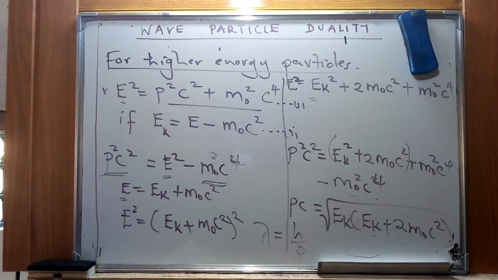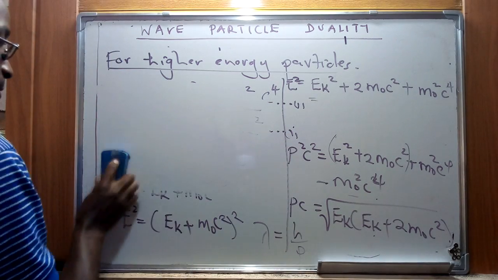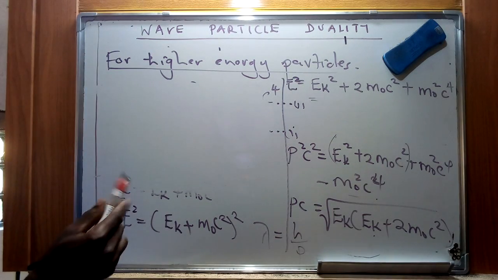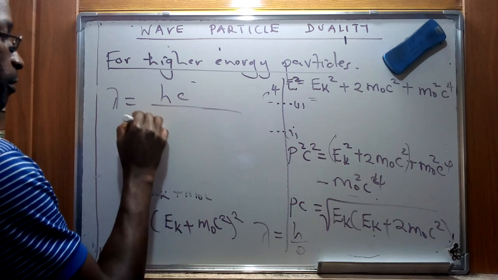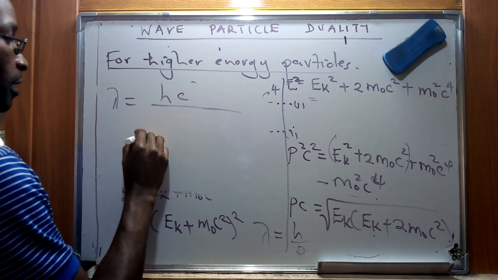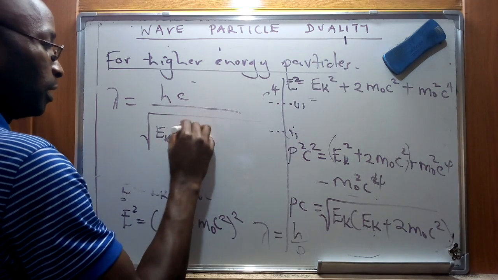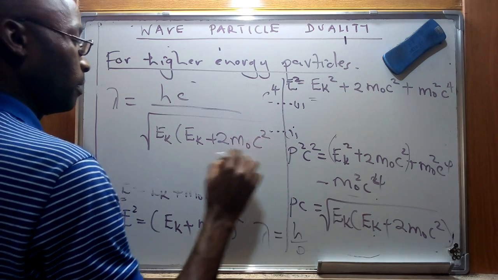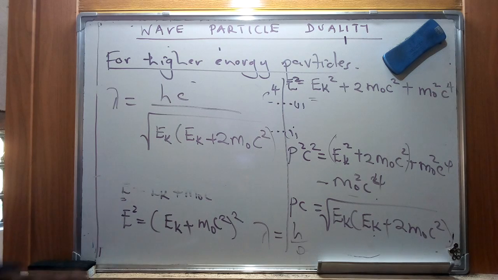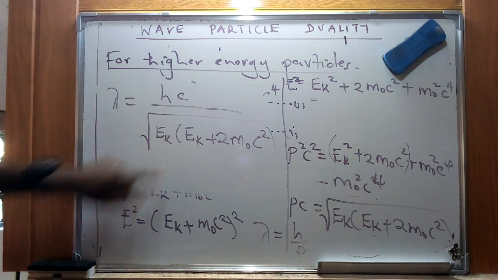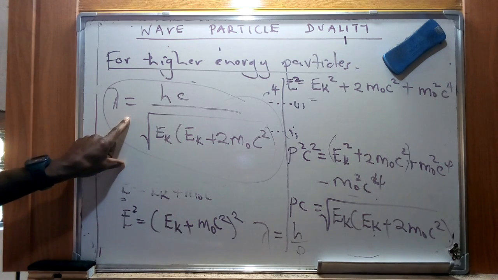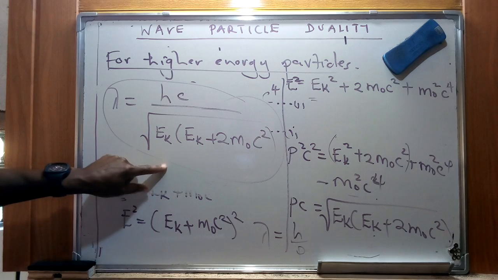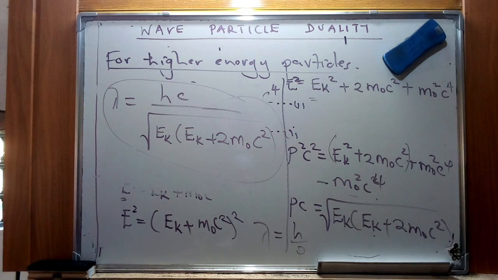Doing a rearrangement of this formula, we find that for relativistic particles we can represent lambda as h over pc, which is equivalent to h over the root of Ek into Ek plus 2 m0 c squared. So for higher energy or relativistic particles, we use this lambda to describe the formula for finding the wavelength. This will be more elaborate when we discuss the theory of relativity advanced by Albert Einstein, but in summary, this is how we tackle it insofar as wave-particle duality is concerned.